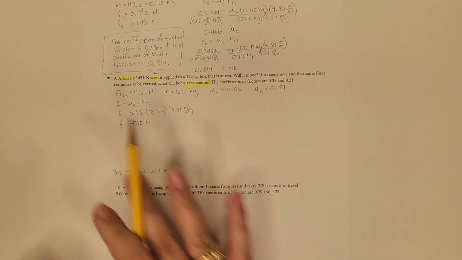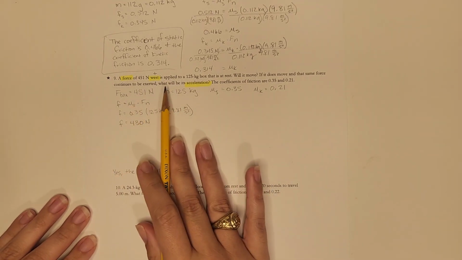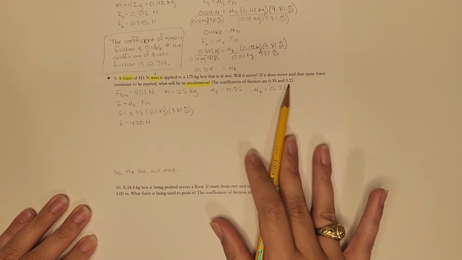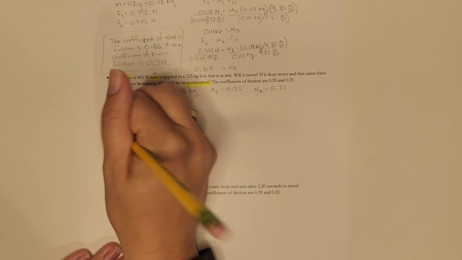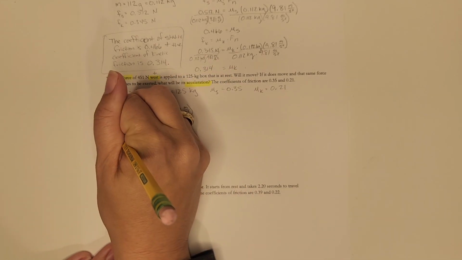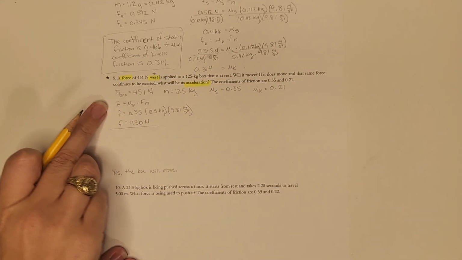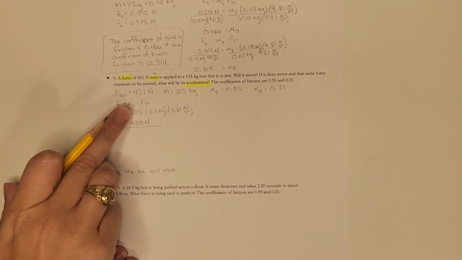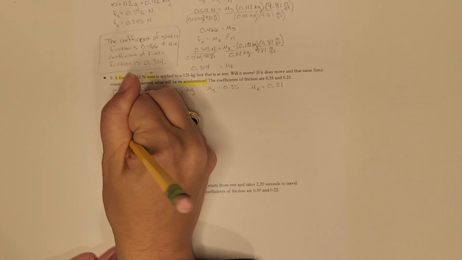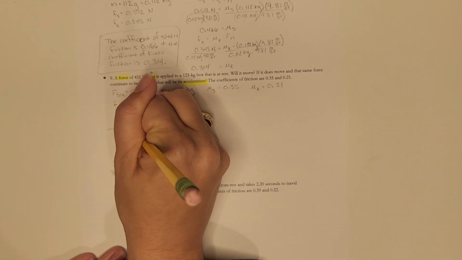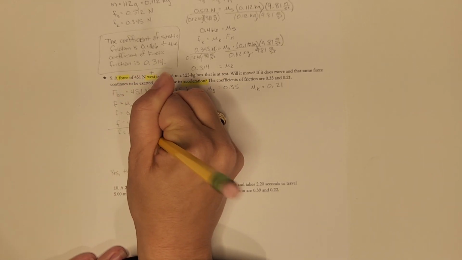So now we need to determine the force required to continue moving this box, based on the coefficient of kinetic friction. Here we're going to use the same formula, just with mu k. So F equals mu k times the normal force again.